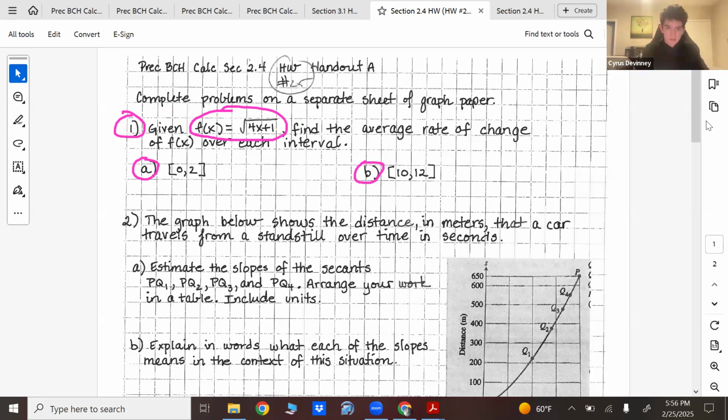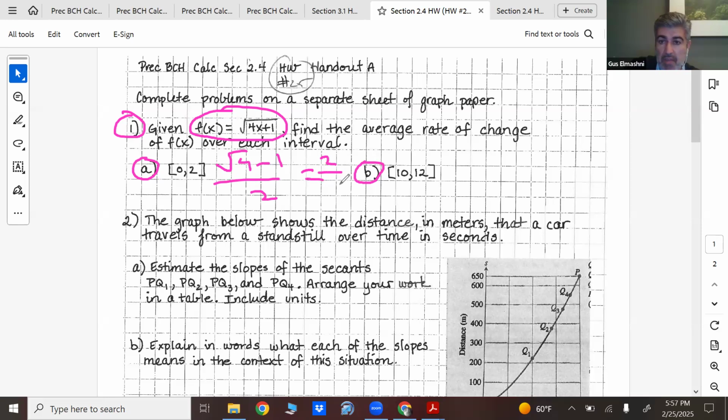So number 1A, I got the square root of 9 minus 1, and then over 2, 2 over 2, which is 1.